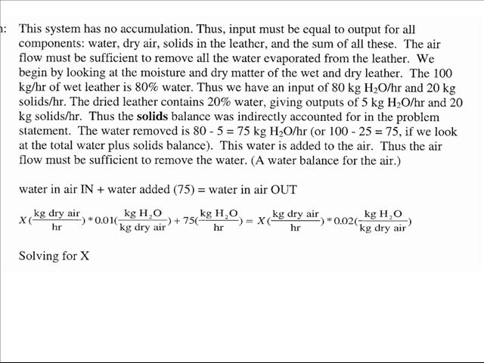These quantities are given to you, plus 75 kilograms of water per hour, which is the amount that we solved coming out of the leather, equals X, the unknown amount of dry air, times 0.02 kilograms of water per kilogram of dry air. And we need to solve this equation for X.